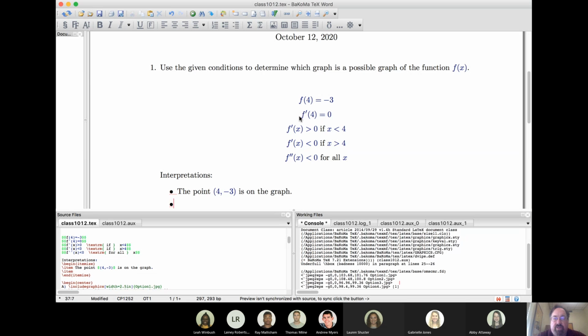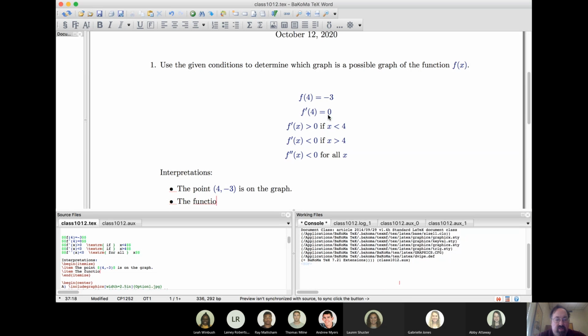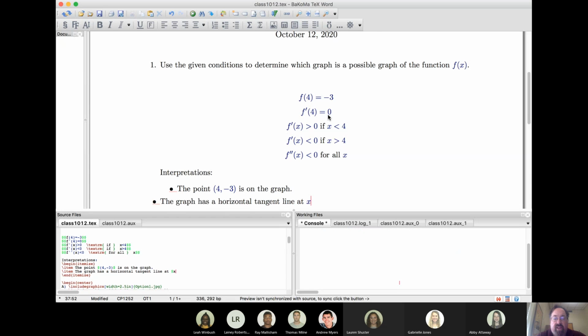Second, because the derivative at x equals 4 is equal to 0, what we can say is that the graph has a horizontal tangent line at x equal 4.